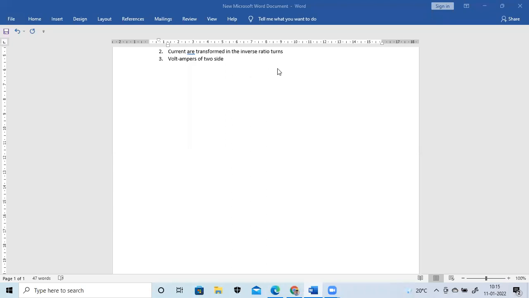If you remember this relation, you may find any one quantity. Suppose V1 and I2 are given and I1 is provided, you may find out V2. So the volt amperes of the two sides are equal, that means V1 I1 equals V2 I2.